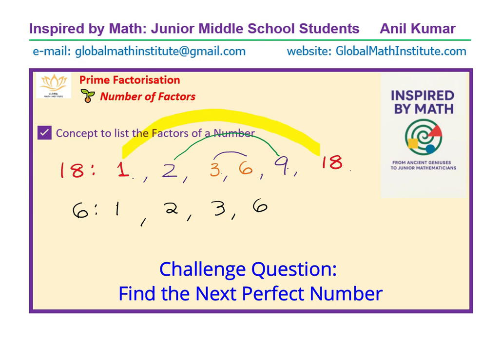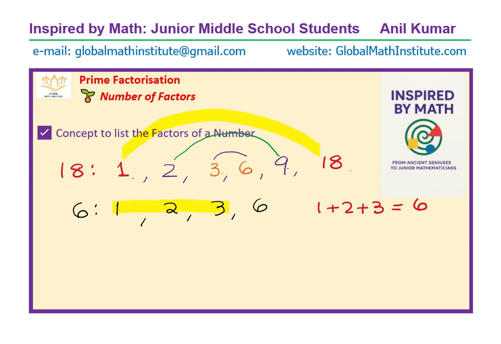When we say factors, we list all the numbers, including the number itself, because 1 times that number gives us the same number. Now, check what happens if I add 1 plus 2 plus 3. I get 6 exactly. Do you see that? This is a very special number, a perfect number, in which these are called proper divisors.